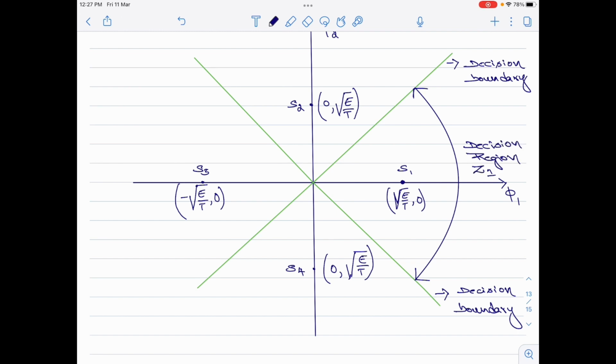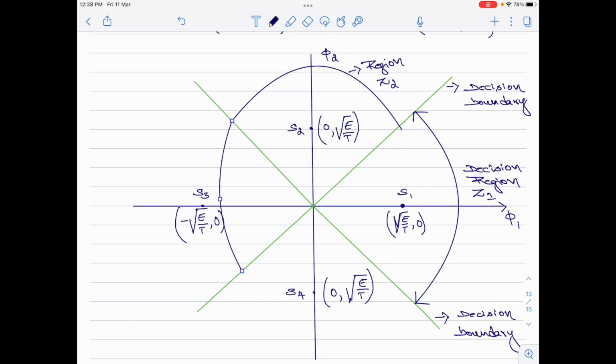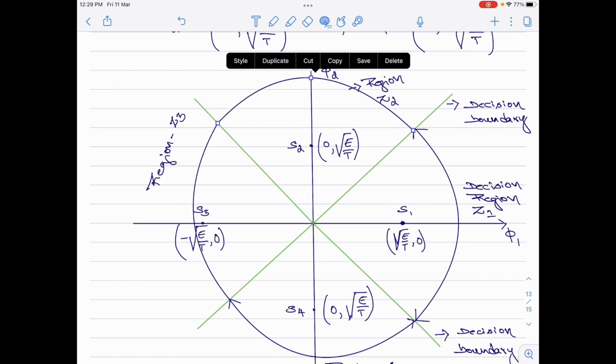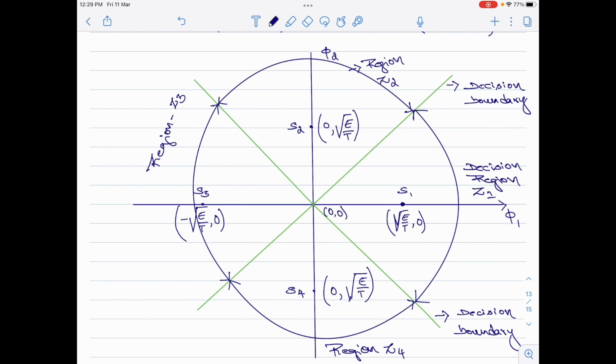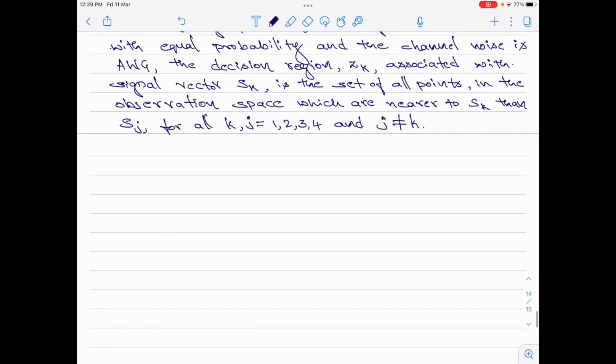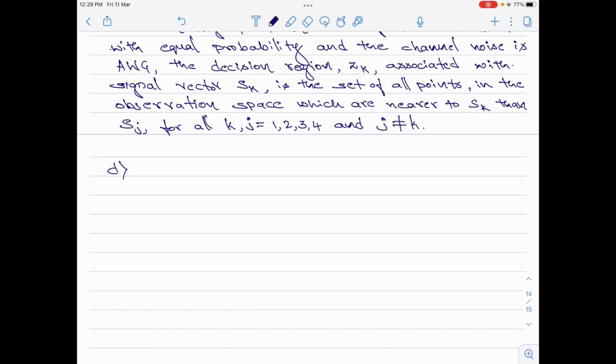In a very similar fashion, let me draw the decision regions for the other 3 signal vectors. Right. So, this will be the constellation diagram for the given signal set. Let us now move on to the last part of the numerical, where we are asked to find the Euclidean distances between the signal points.